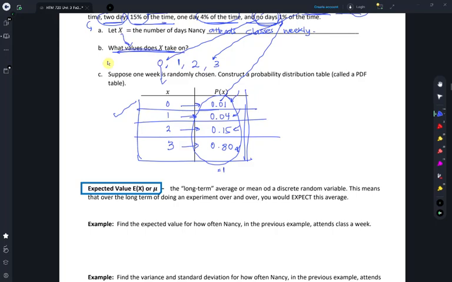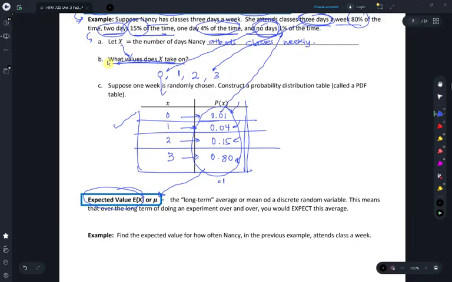With that said, let us look at a new term called the expected value of the variable or quantity of interest. In this consideration, we're interested in the number of days Nancy attends classes weekly.